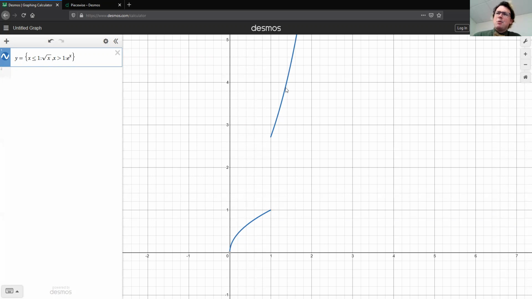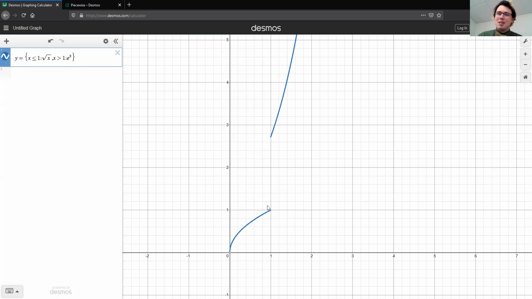Let's try this business with the limits, though. And you can already see I've got this jump in the graph of my function. So if I come in from the left, I get closer and closer and closer to the coordinates 1, 1. That's coming in from the left.